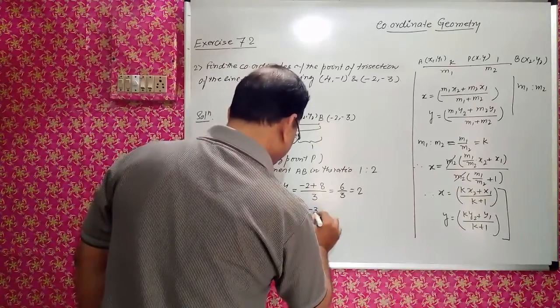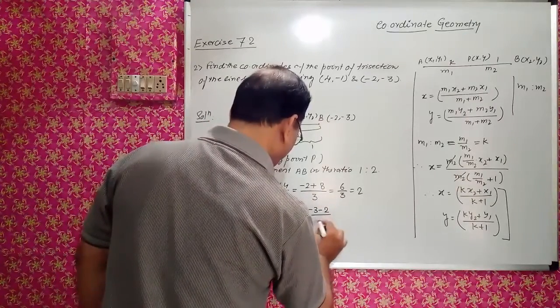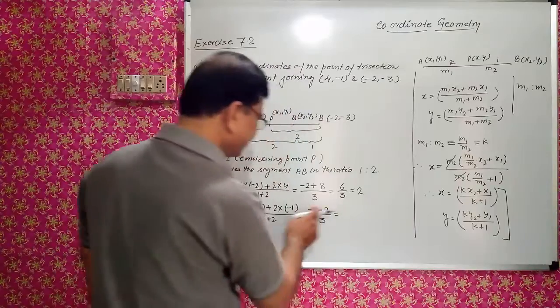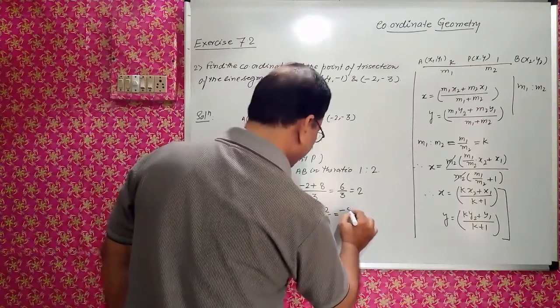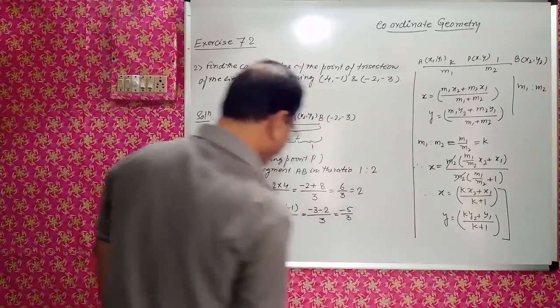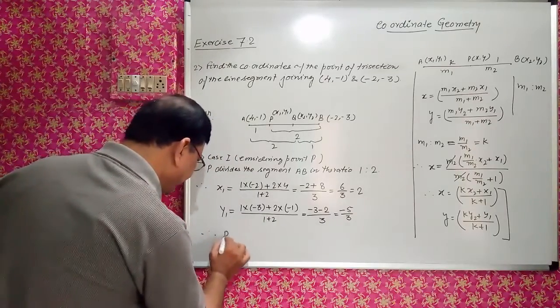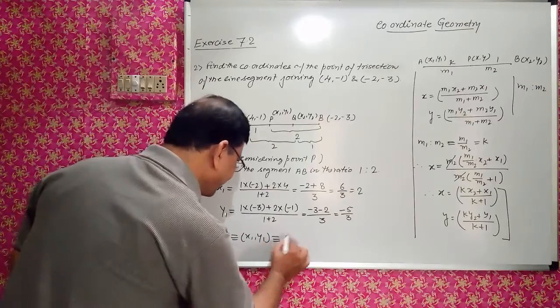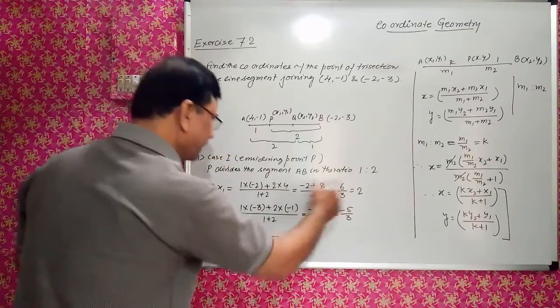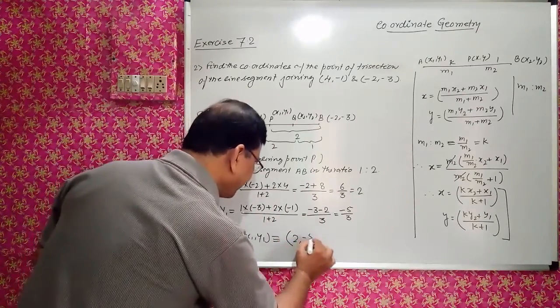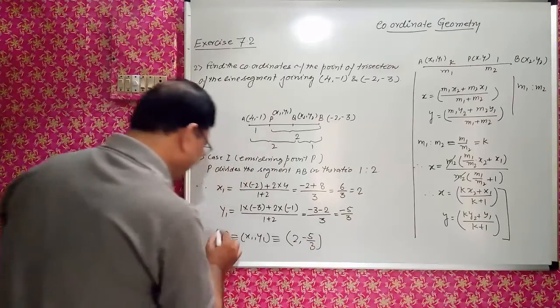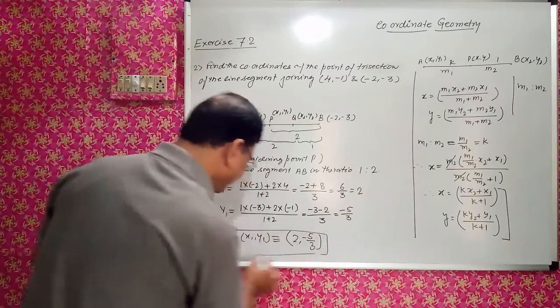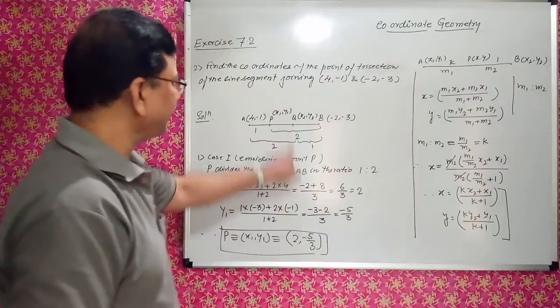So minus 3 minus 2 upon 3, that is minus 5 by 3. Therefore, P, that is (x1, y1), is (2, minus 5 by 3). So we got 1 point. This is the coordinate of the point P.